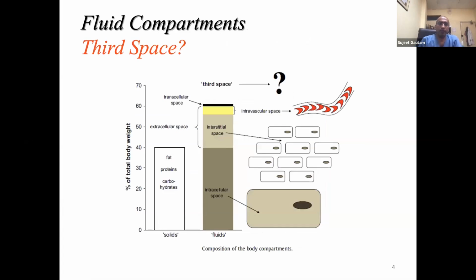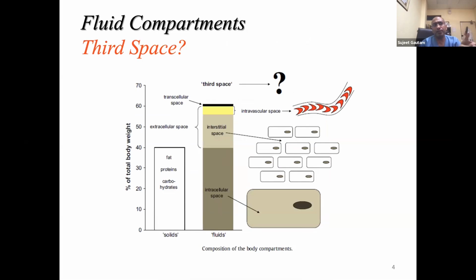Now, this third space is also proposed to be another component of this extracellular compartment. Recently, a big question mark has been raised on the existence of this third space. We shall talk about it somewhat later on. What exactly is this third space?